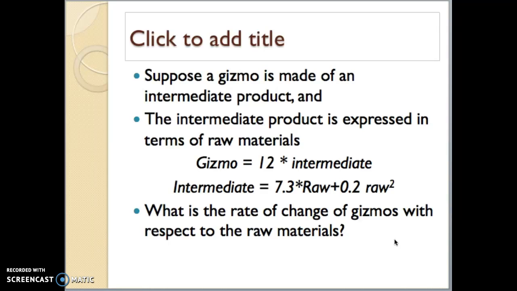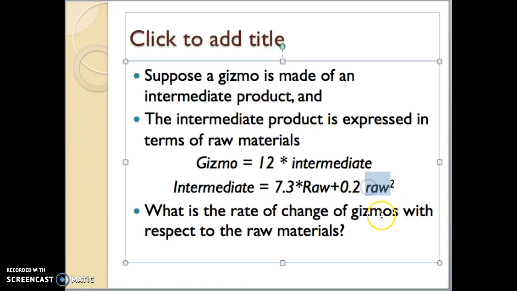What if we wanted to know how the production of the gizmos changed if you tweaked the amount of raw material? If you change raw, maybe you increase it by just a little bit, then that would give you a different intermediate, and the different intermediate would lead to a change in gizmos. So we want to say, what is the rate of change of gizmos with respect to the raw materials?